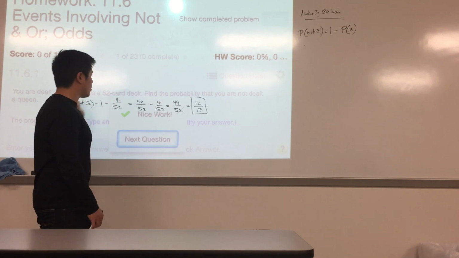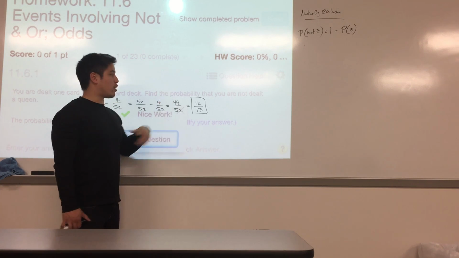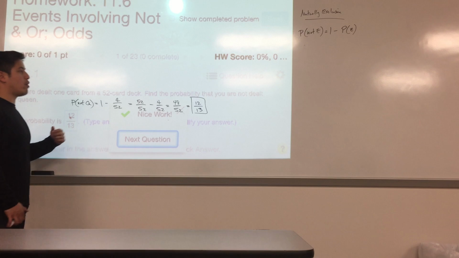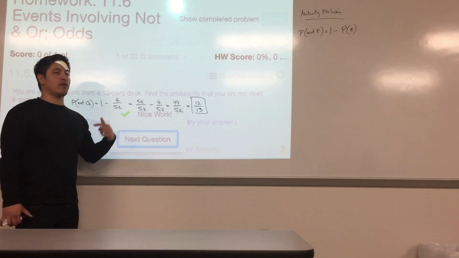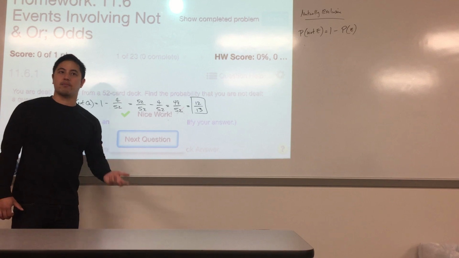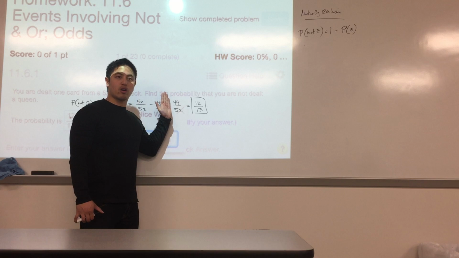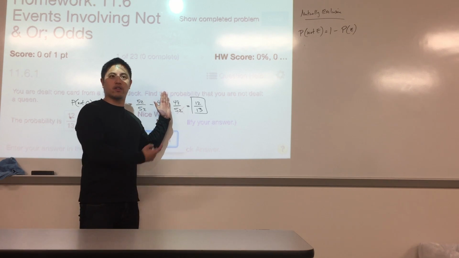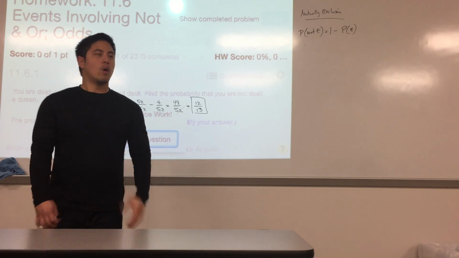So you wouldn't have had to do all this. You start with, what do you want? In other words, you could say, find the probability of getting everything except a queen, meaning that we want all the cards that are not queens, 48 of them out of 52. And then we can simplify from there. Does that make sense, guys?